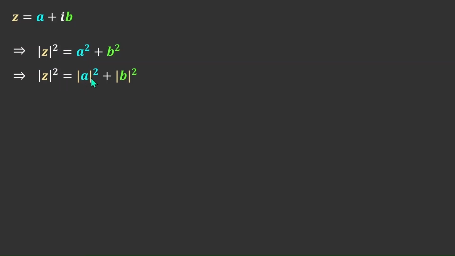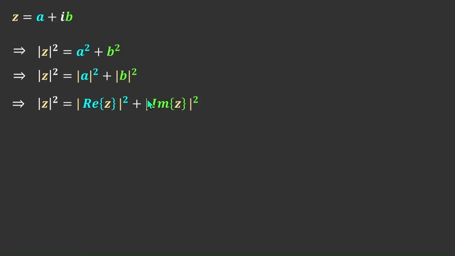And now mod of A can also be written as mod of real part of Z whole square plus mod of imaginary part of Z whole square, because B is the imaginary part of Z and A is the real part of Z.